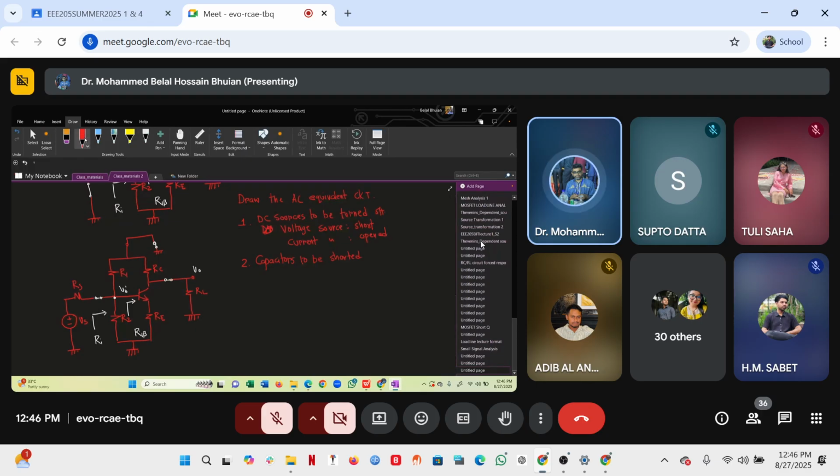Now, take a moment and look into the circuit. You will find in the entire amplifier, there is no trace of any DC signal source. No DC signal source, number one. And the capacitors are shorted. So that is how the AC signals see the circuit.